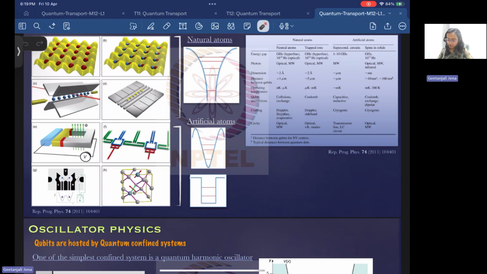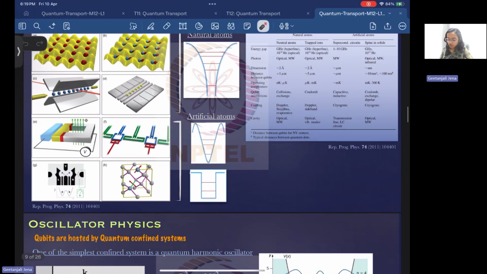Now let us see. From this table, we notice that we mostly require a confined system to realize the qubit. So we can use the atomic states of this confined system to either manipulate or store the information. Let us see some of the confined systems that we can use.